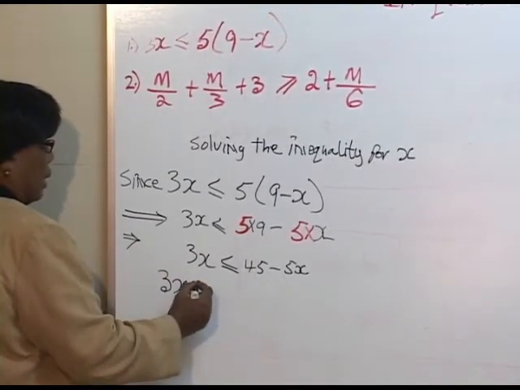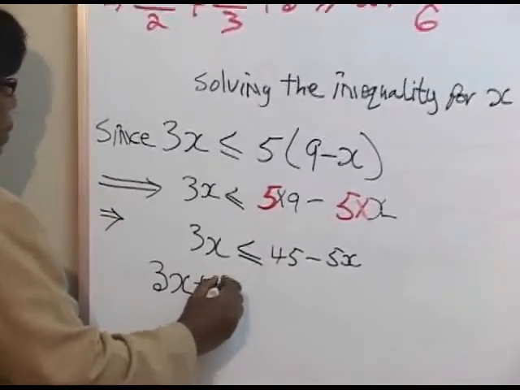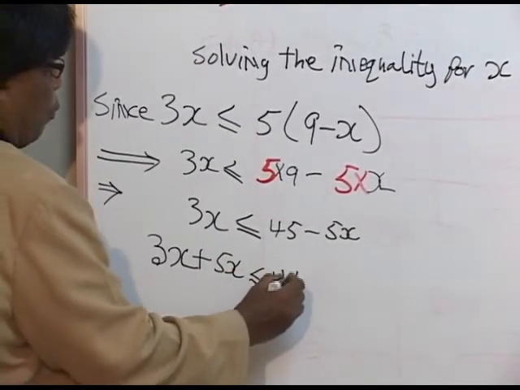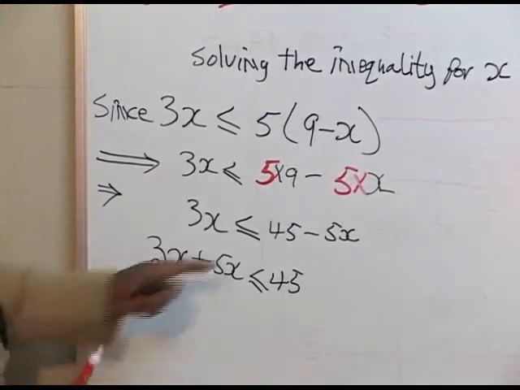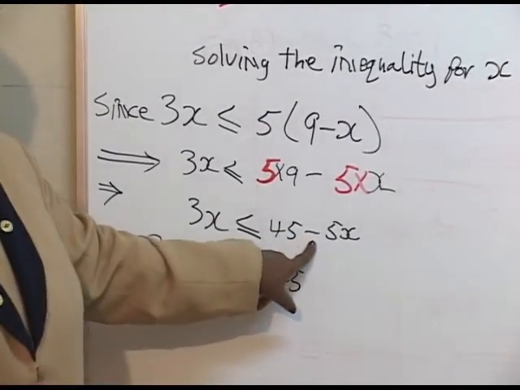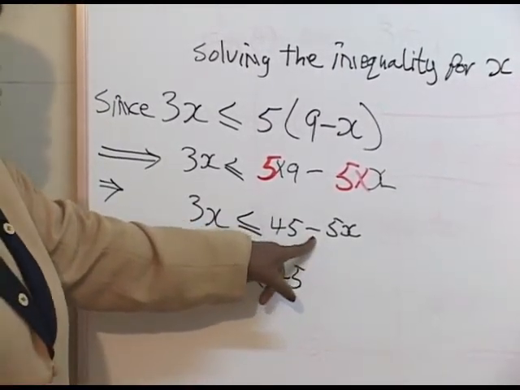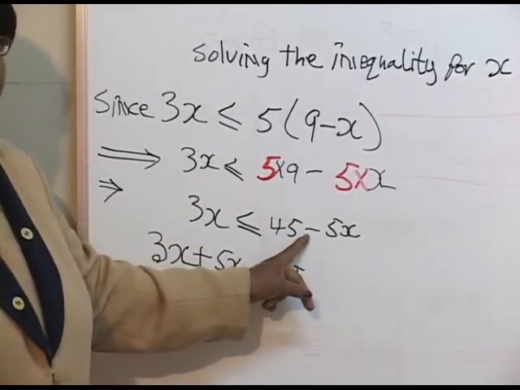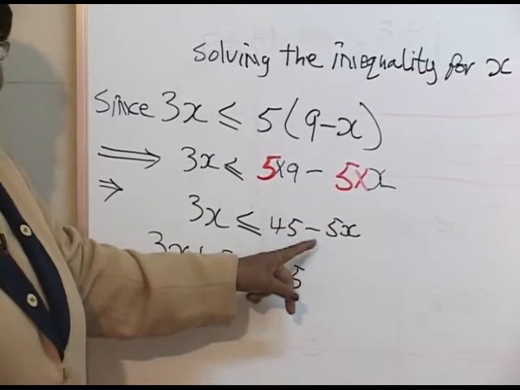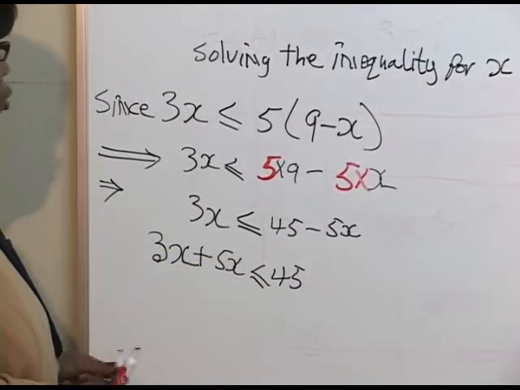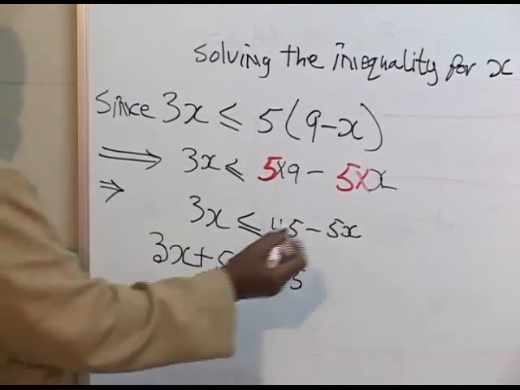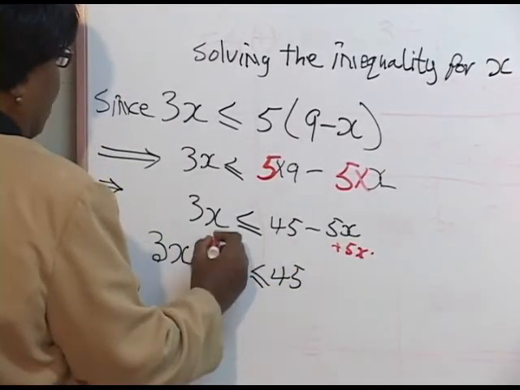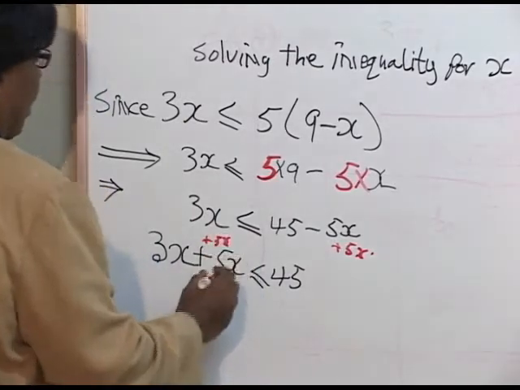This comes up and it is plus 5x would be less than or equal to 45. You see, it was a negative 5x on this side. We have moved it to the other side, so we must also change our sign. And we understand, in terms of changing that sign, it is because we would have been adding a plus 5x over here, so we have to do the same thing over here too, to add the plus 5x.